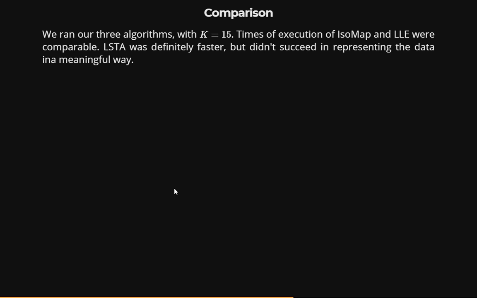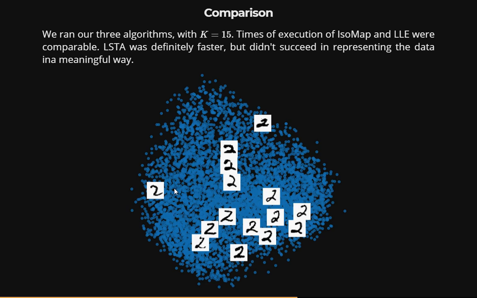But anyway, this is the 2-dimensional representation with IsoMap. I've selected the same 15, I think, and I placed them where they belong on this representation.